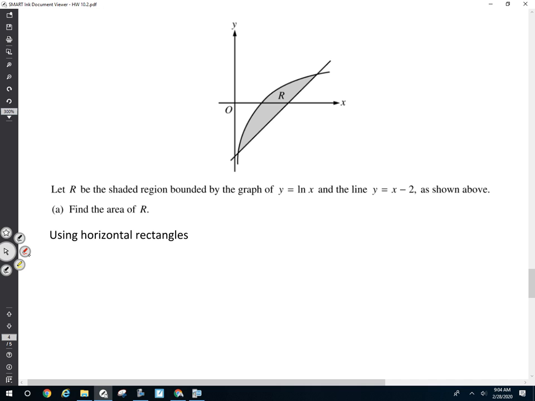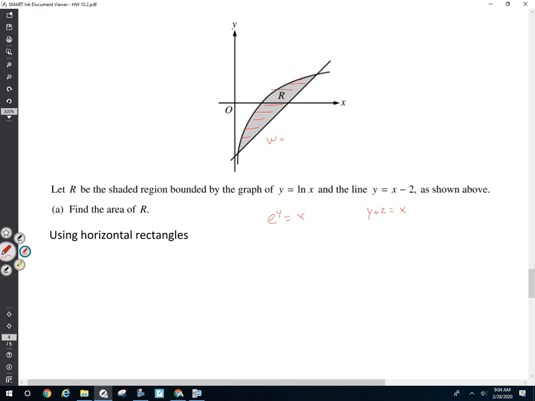Okay, horizontal rectangles. I'm allowed to use my calculator. Okay, well, what's easy about this is probably the widths and the heights, obviously. The widths are the right minus the left. It's the line minus the curve. So y plus 2 equals x is the right. The left, I have to take e to the power of both sides to solve for x. X equals e to the y.